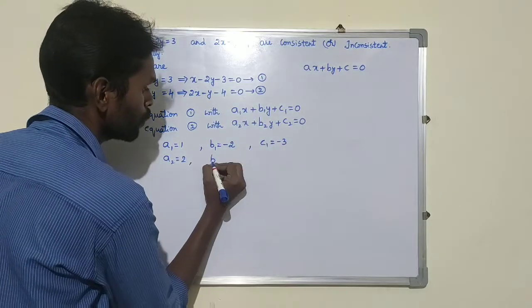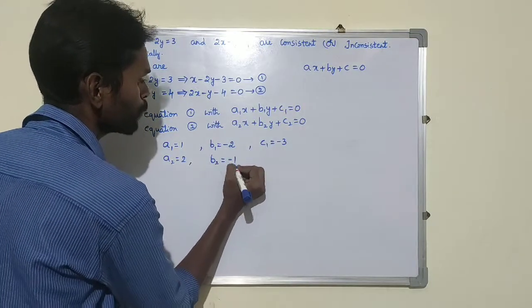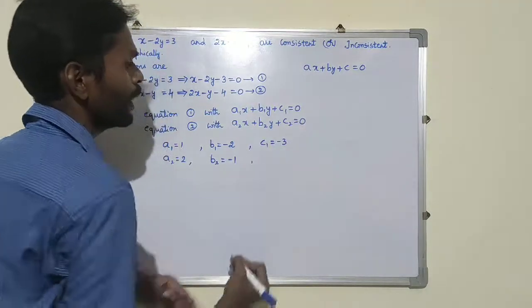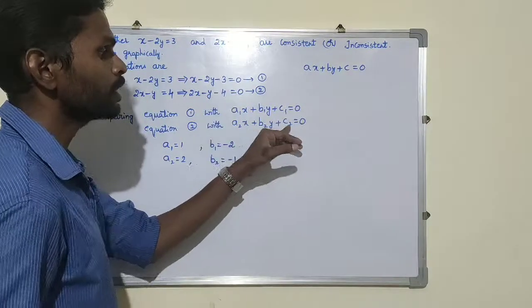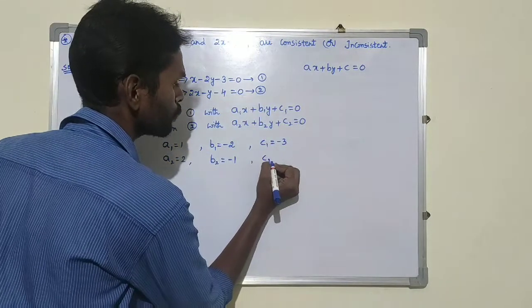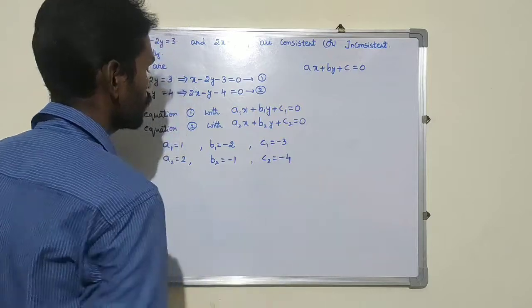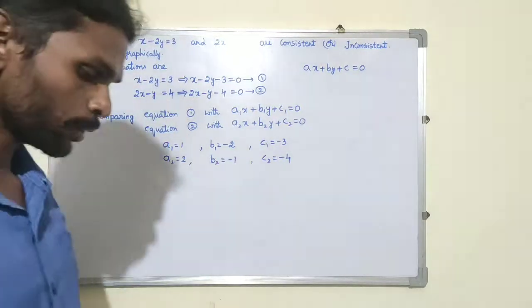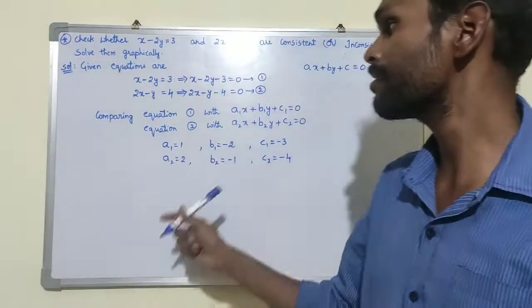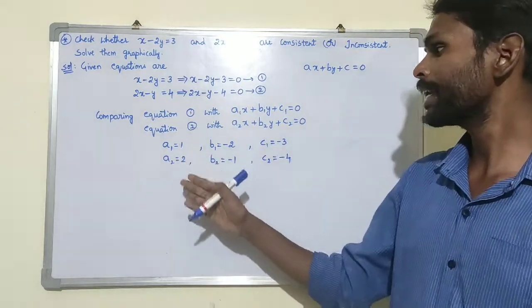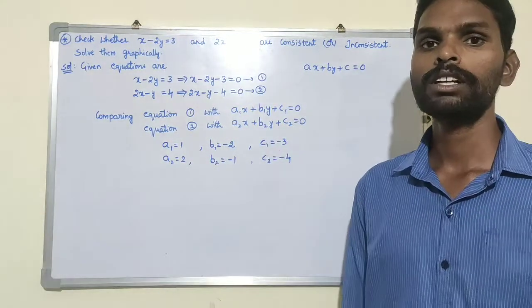Therefore, b2 equal to minus 1. And constant term c2 equal to minus 4. So I got 3 values for each equation, totally 6 values: a1, a2, b1, b2, c1, c2.